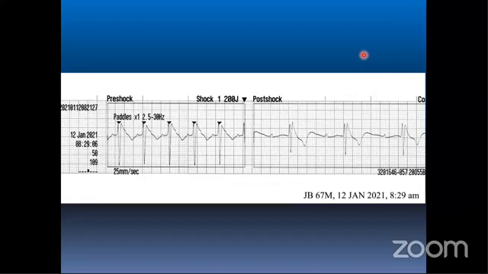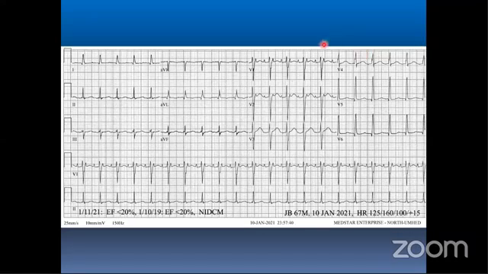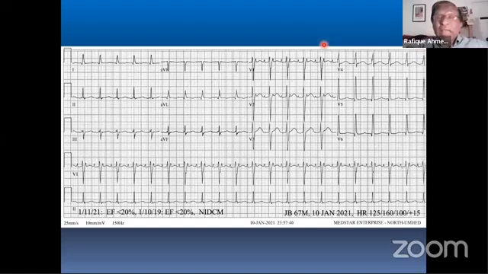Sir, can I interrupt for a second, just for the discussion? If someone says in that first ECG that in V1 the apparent P is the RBBB, incomplete RBBB, the second peak and the QRS is the RBBB. Yes, absolutely right.